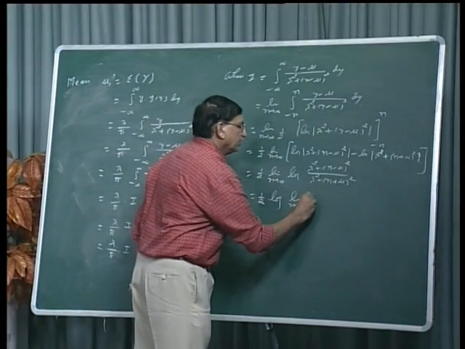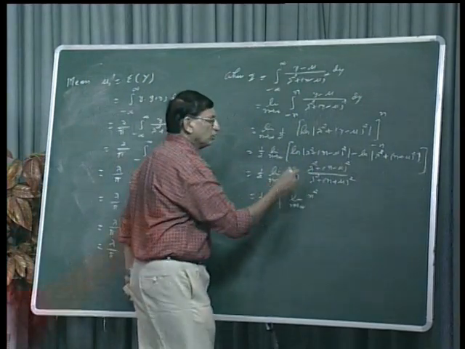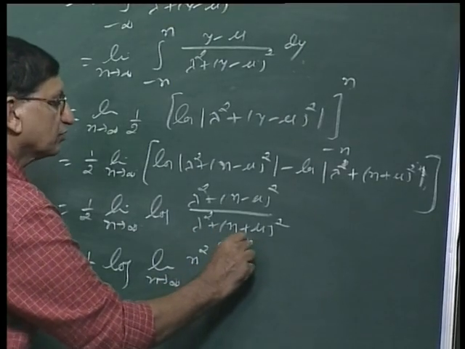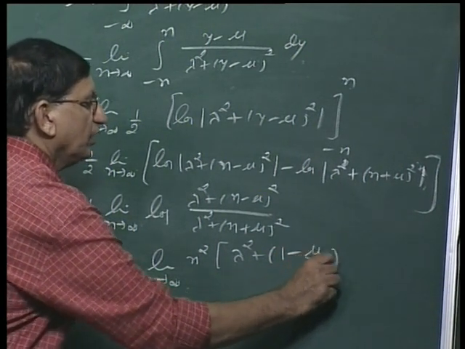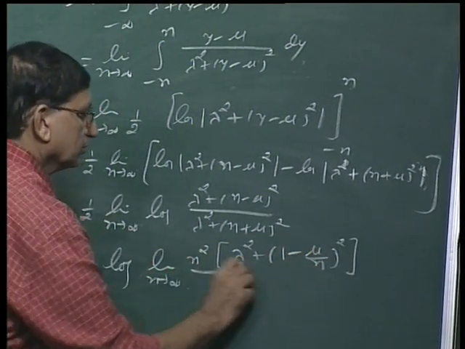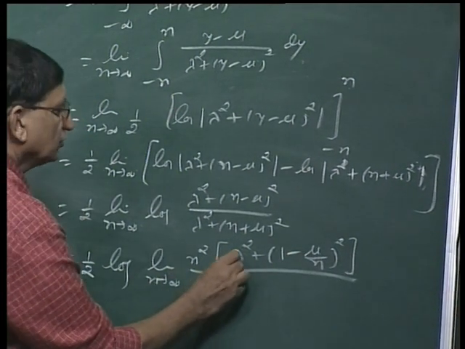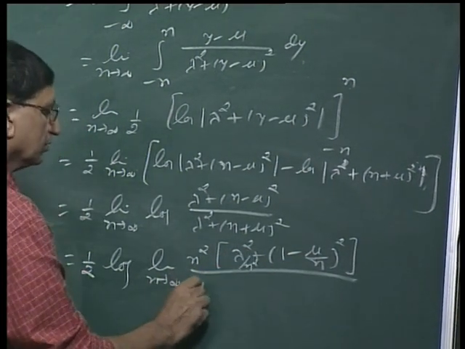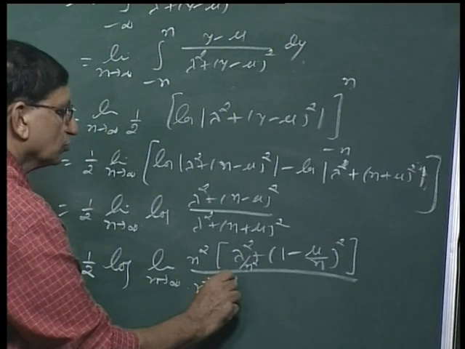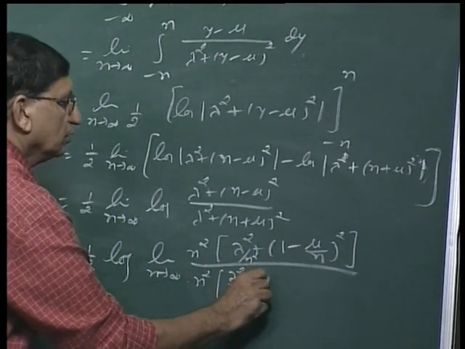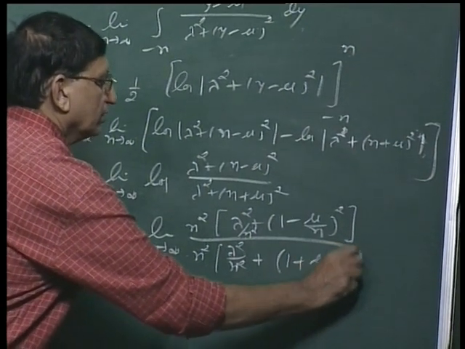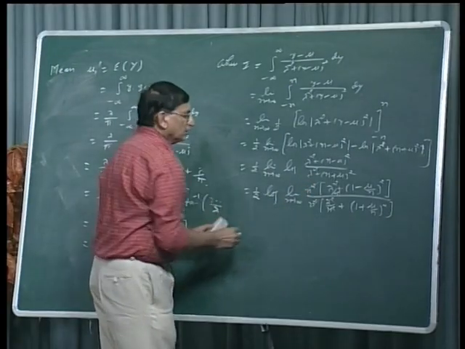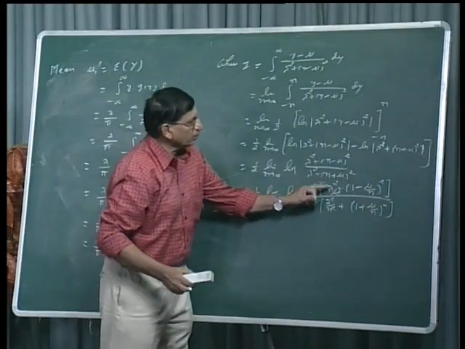So here I take the maximum power of n common, so n square common, so in the bracket lambda square by n square plus (1 minus mu upon n) square. Here also n square common, so lambda square by n square plus (1 plus mu by n) square. n square cancels, and as n tends to infinity, anything divided by infinity will be 0.